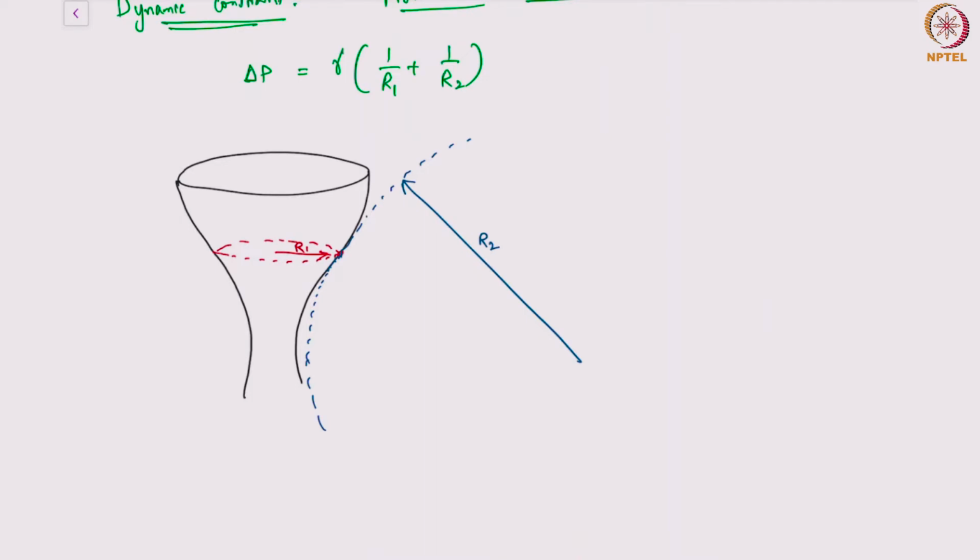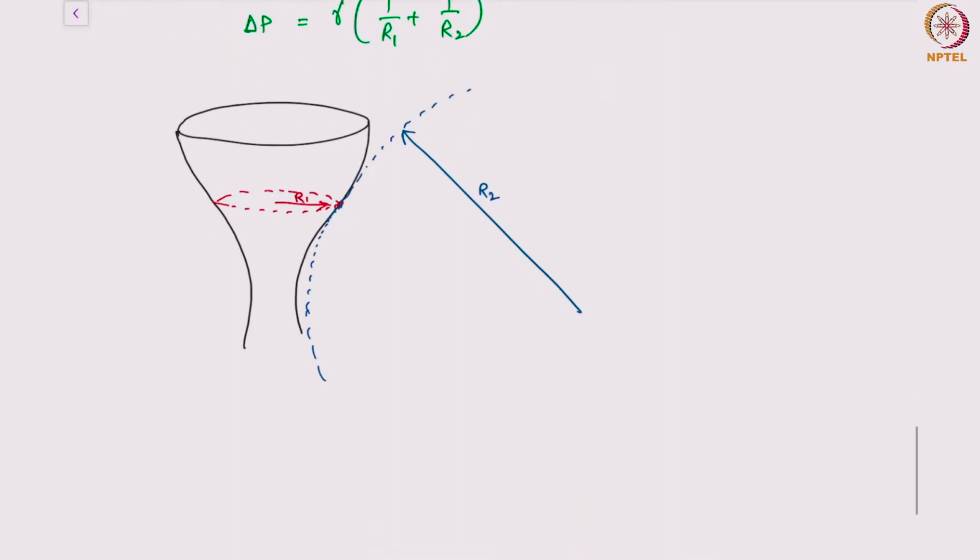So here delta P is gamma times 1 by R1 plus 1 by R2. And I also know one more thing, that since R1 and R2 are on different sides of the interface, 1 by R1 and 1 by R2 have opposite signs.